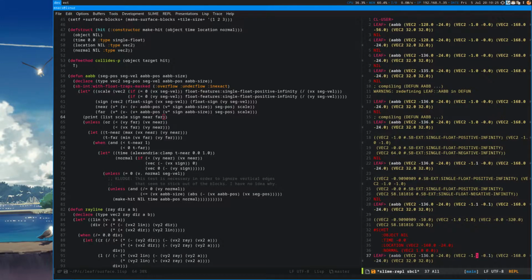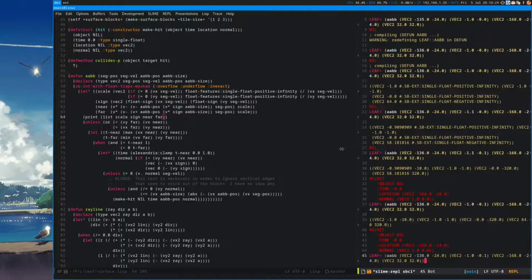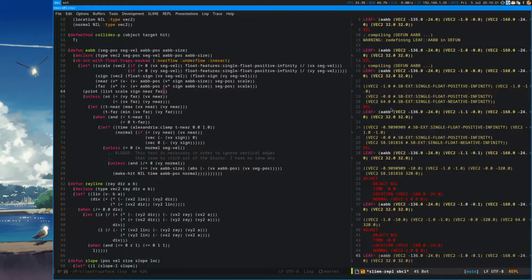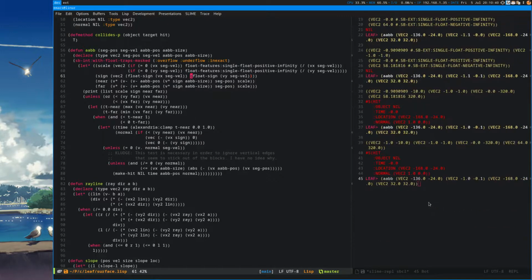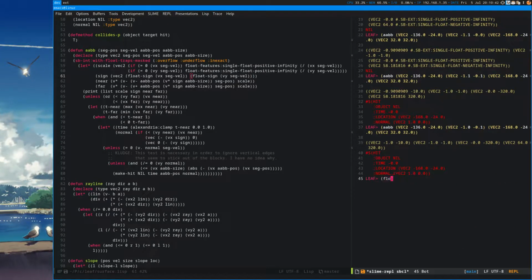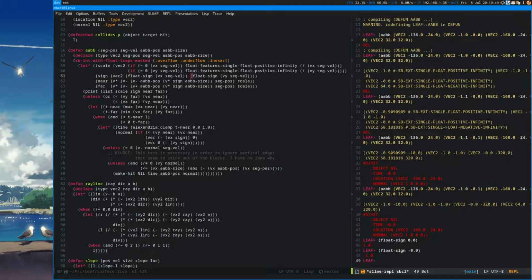That is bizarre. So there is no hit if Y is exactly 0. Interesting. So, how does that happen? What does float sign return for 0, 1? Is that what we actually want?